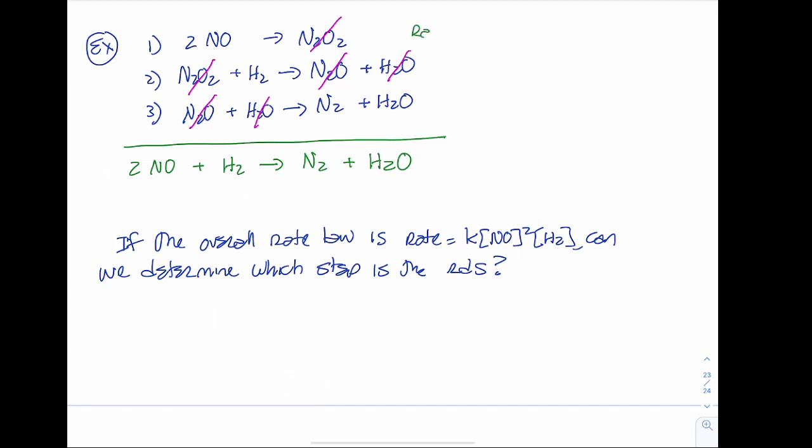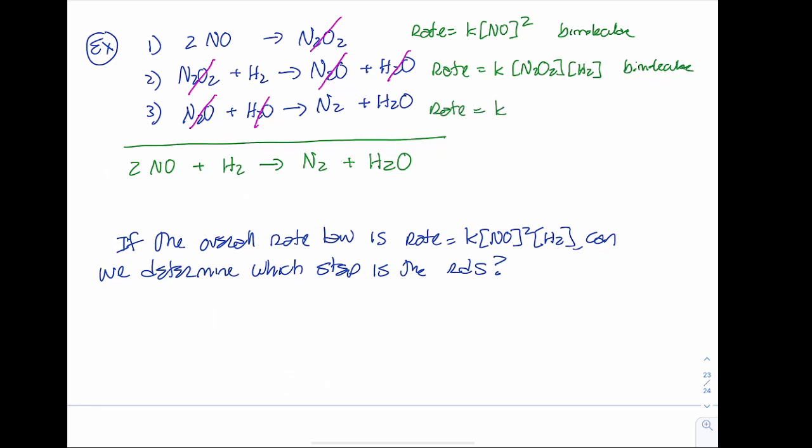My rate law for this first step, because I have 2 nitrogen monoxides, I do raise that to the second power. So this is a bimolecular reaction, right? It's second order. For my second one, N2O2 raised to the first power multiplied by the concentration of hydrogen raised to the first power, also bimolecular, second order.